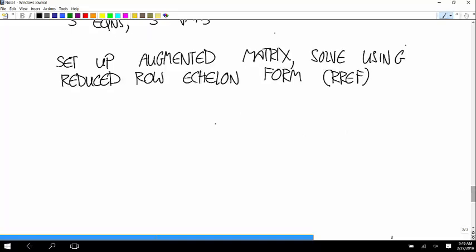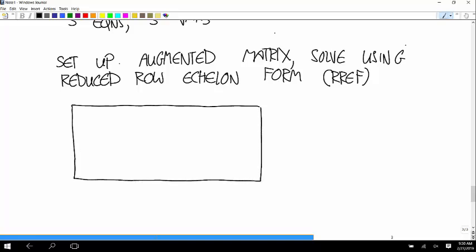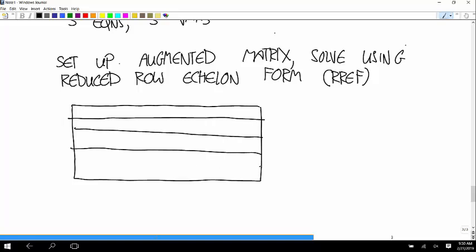And the way it works is you set up this matrix where each row represents an equation. So that's 1, 2, 3, 4, 5.